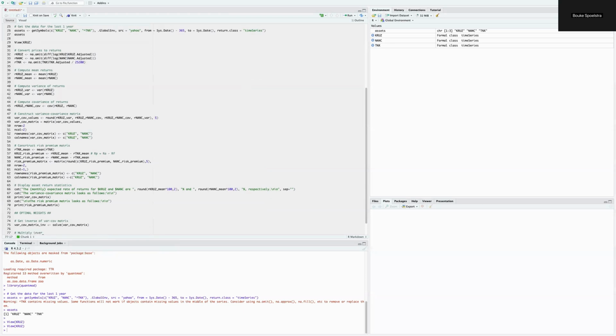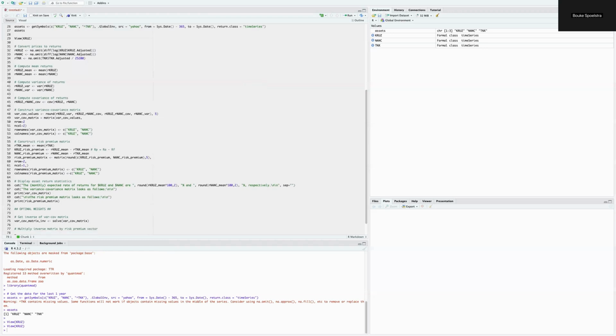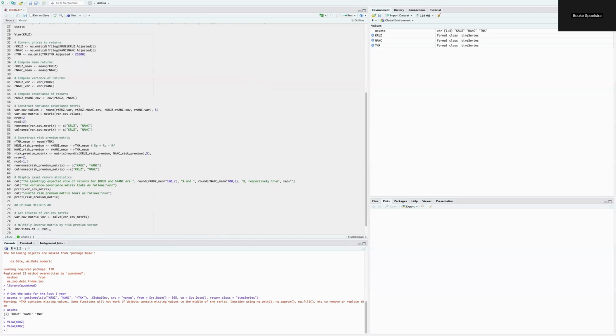Now we'll multiply the inverse matrix by the risk premium vector. Use percent star percent risk premium matrix.